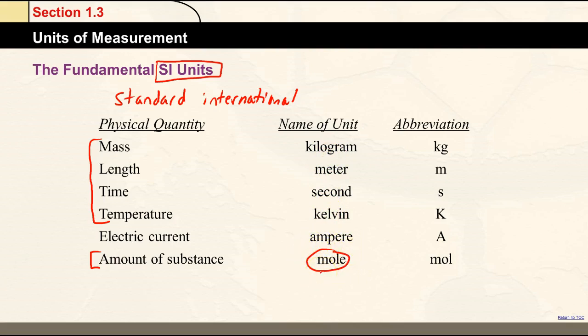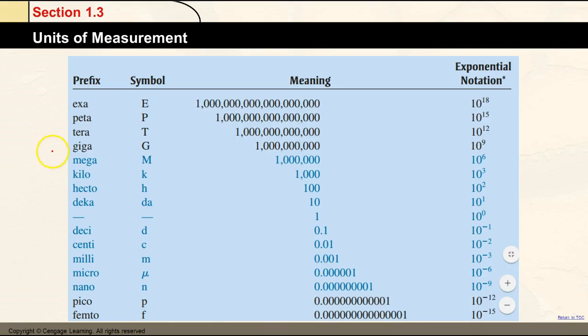A couple other things to keep in mind here are prefixes that we can attach to numbers. The ones in blue are really our most important ones that we will be using most frequently, and specifically probably kilo, centi, milli, and micro would be the most used of those. Those are our most common prefixes, and we need to remember that these prefixes tell us different things about numbers.